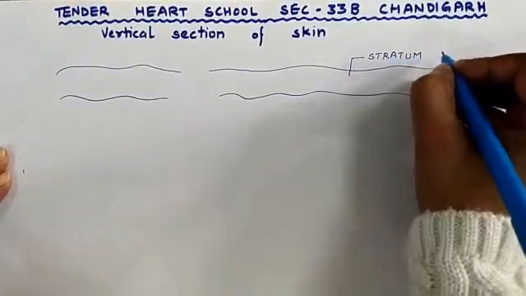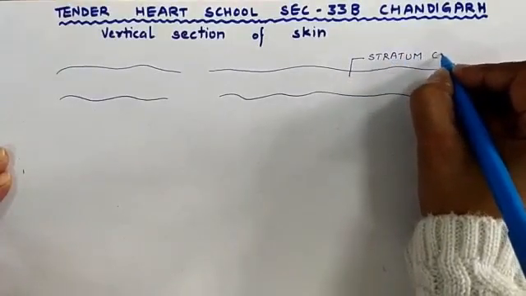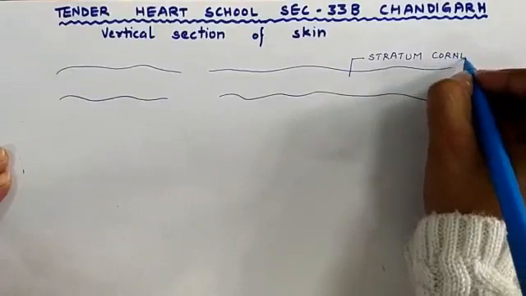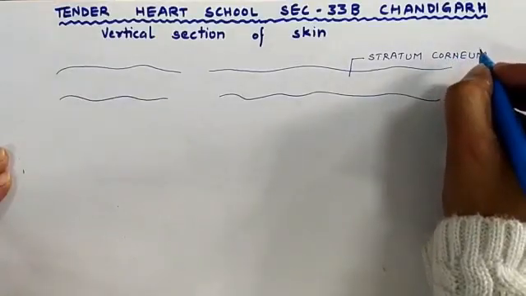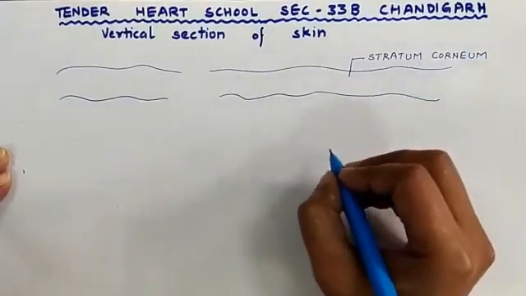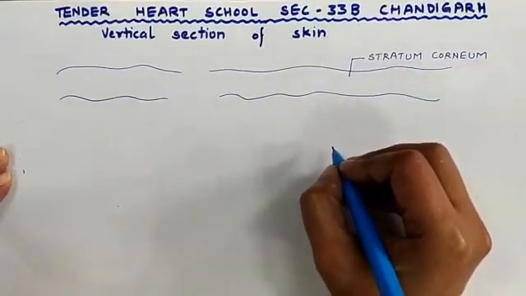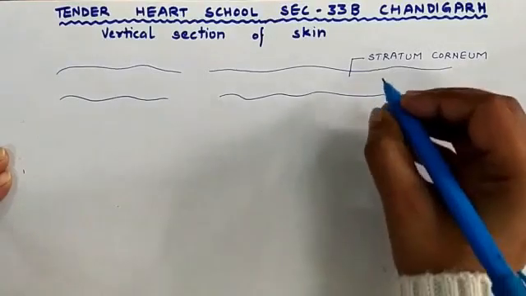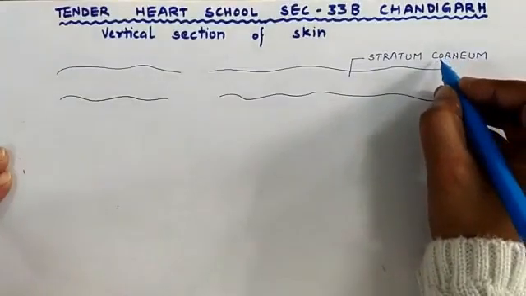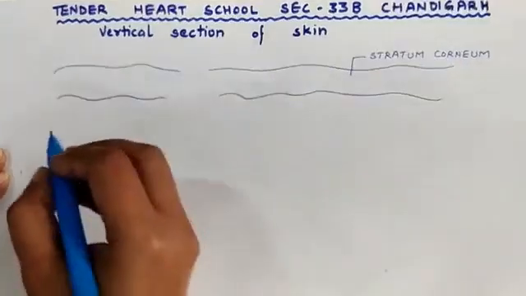Stratum corneum is the outermost layer of epidermis. Skin is made up of outer layer epidermis and inner layer dermis, and epidermis further is made up of three layers. Outermost layer of the epidermis is stratum corneum.